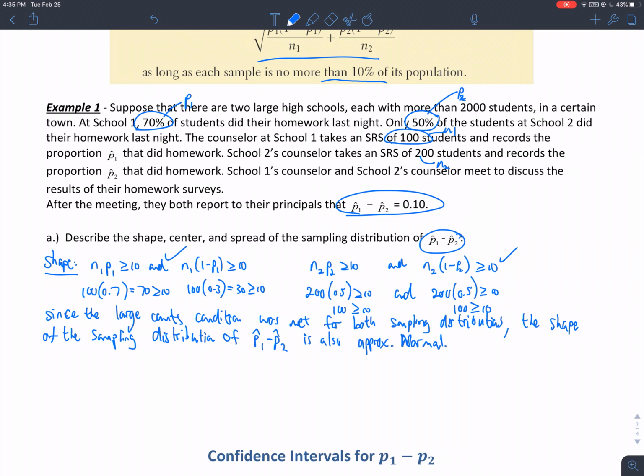Okay, and then center, well, we said that earlier if you looked at the previous page.